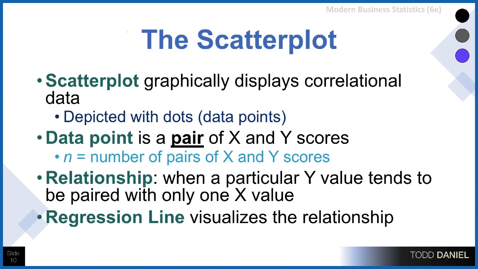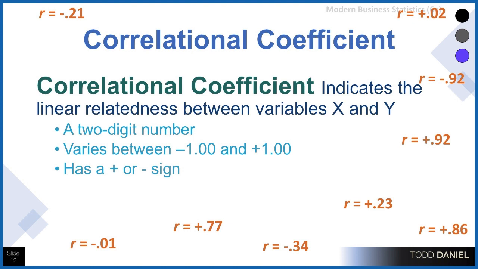And when we put all of those dots on a plot and put a straight line through them, that's called a regression line. That's how we visualize the relationship. What we will then do is work some math, or in fact, we'll let the software work the math for us, and it will give us a single number, which is called a correlation coefficient.